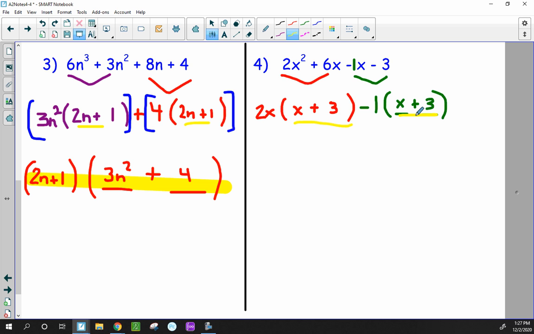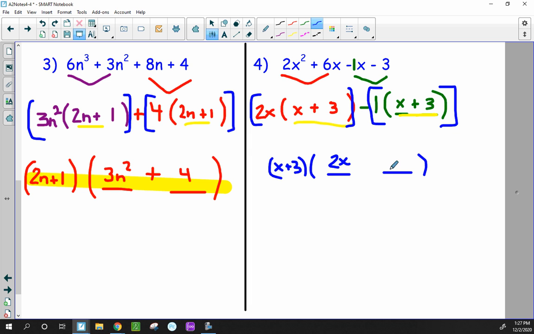These match, so you continue. X plus 3 becomes your GCF. X plus 3 times something is all of this. And x plus 3 times something is all of this. And that looks like it's it.